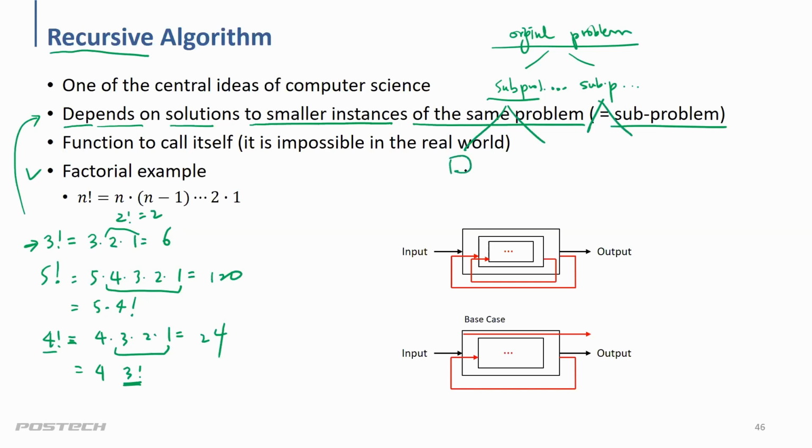Say this is the end, so we can compute each without any difficulties. Once we have these values, we are able to compute the next ones, and then we are able to find the final solution, which is the original problem that we're looking for.